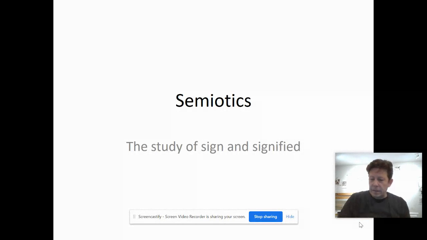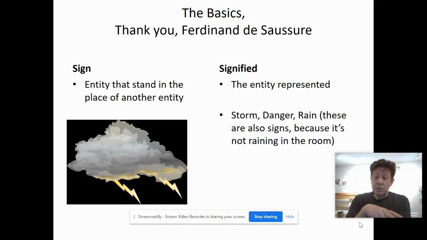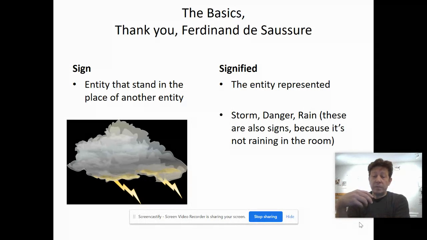Ferdinand de Saussure came up with the terminology to talk about what we would probably say in school is symbolism. But instead of using the word symbolism, he used sign and signified to describe how meaning is communicated from one person to another through things like words, but also pictures, images.